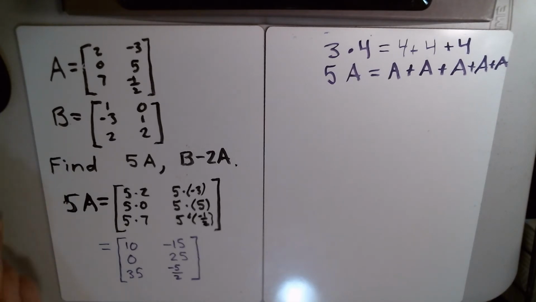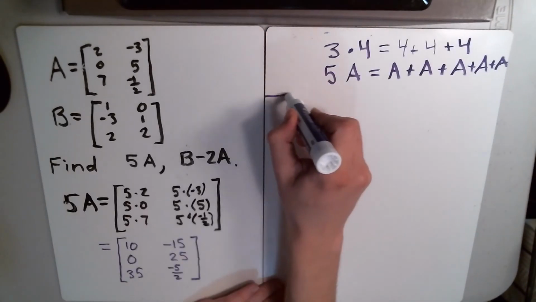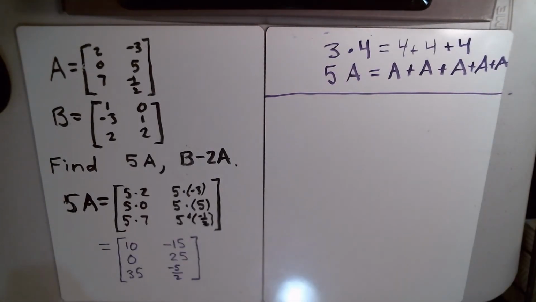Now that we have that, I'm going to draw a line here. I want to get what B minus 2A is.